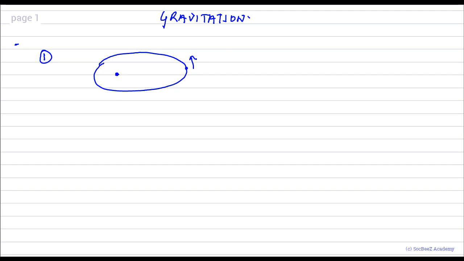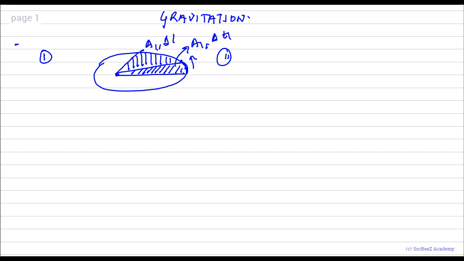Kepler's second law states that the position vector from the sun to the planet sweeps out equal area in equal intervals of time, which implies that if my planet sweeps out this area, let's say A1, in time delta T1, the planet is going to sweep the same area A1 in time delta T1.